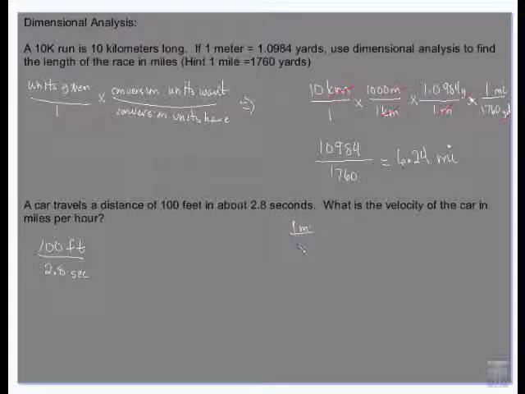1 mile per 1 hour is equal to 1.4 over 1 second. Okay. We went for 2.8 seconds. We went 100 feet. Right? On this one, how many seconds are in an hour?